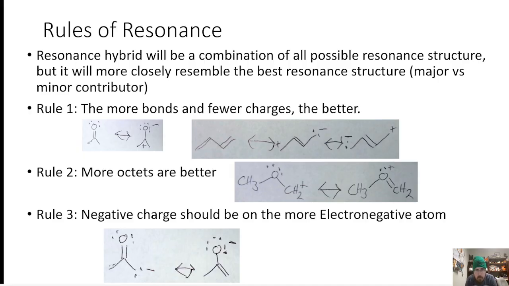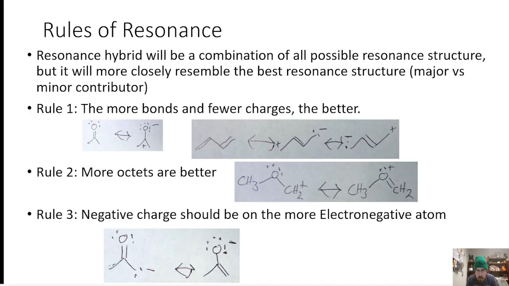But rule 2, giving more octets, is always a better resonance structure. So even though it seems like you would want to give the oxygen a negative and the carbon a positive, it's better to have the carbon and the oxygen both have an octet than the oxygen to be neutral with an octet and the carbon to not have an octet.